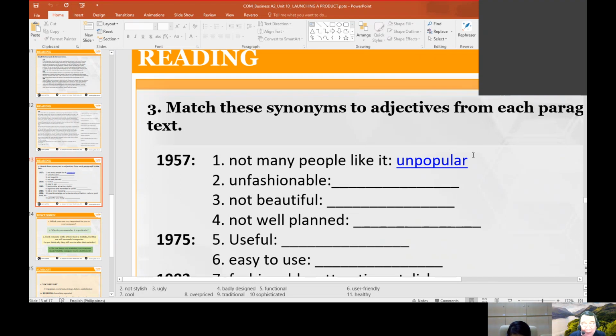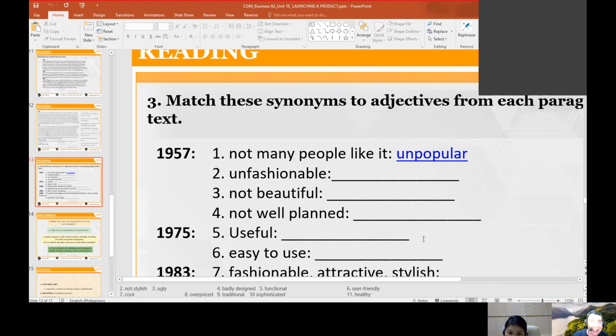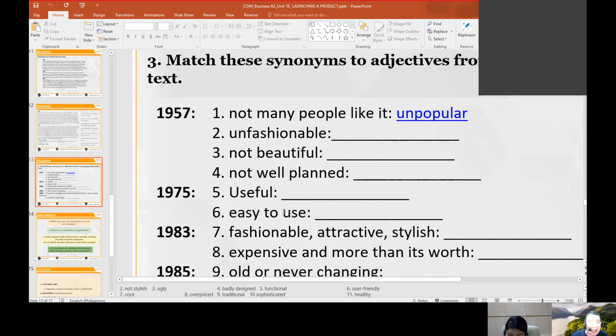Number one, unpopular. Number two, not stylish. Number three, ugly. Number four, badly designed. Then number five, useful, that means functional. Number six, easy to use, that means user friendly.